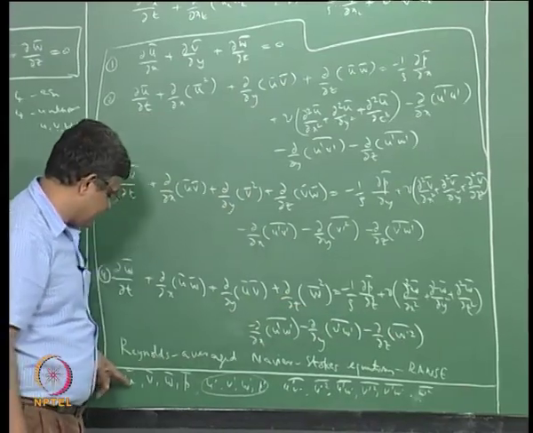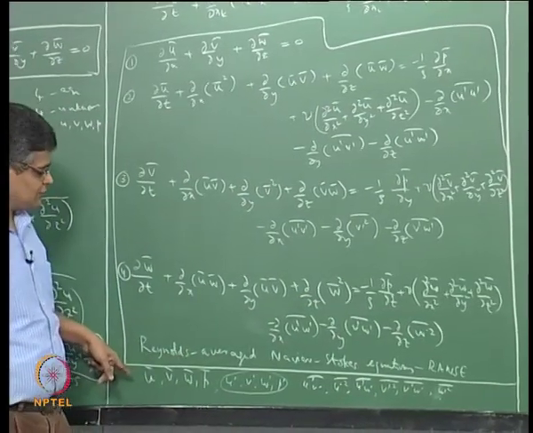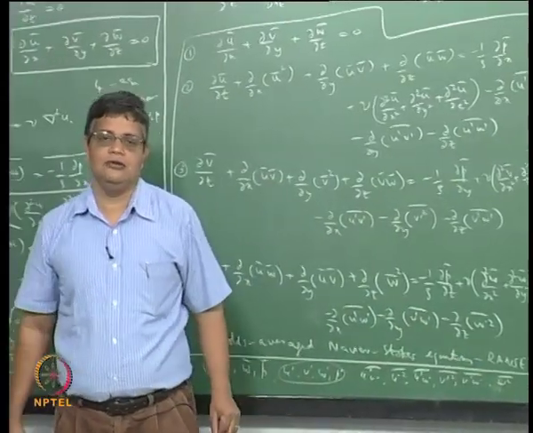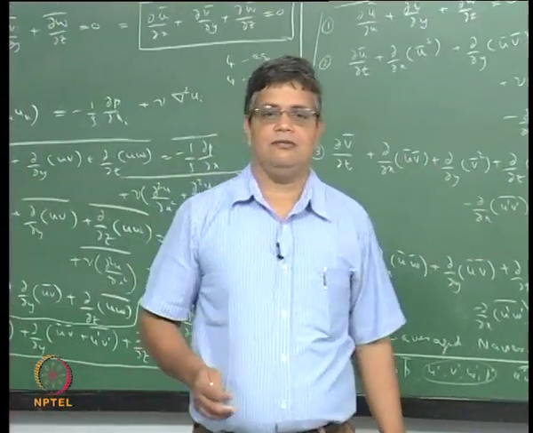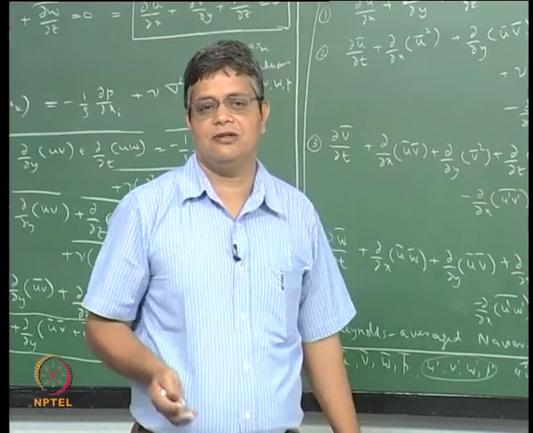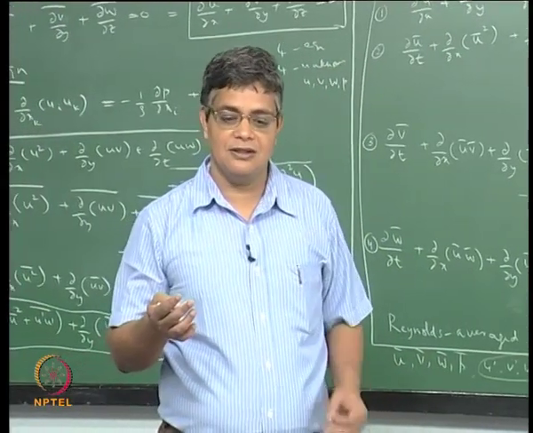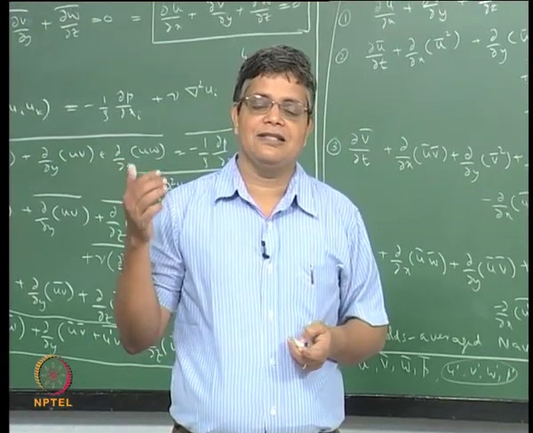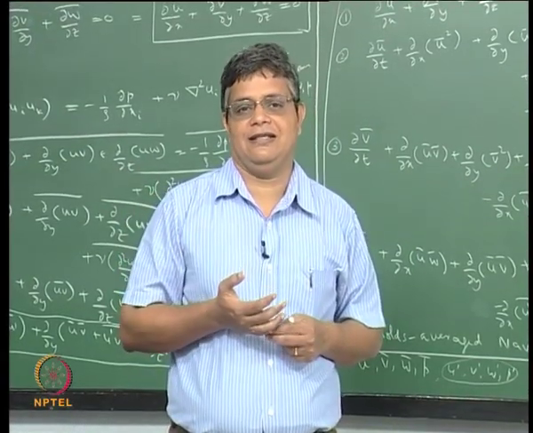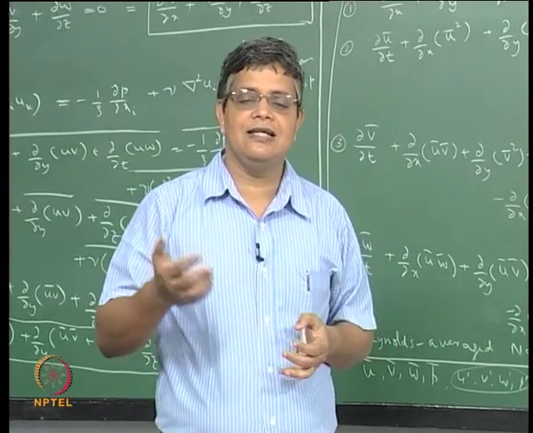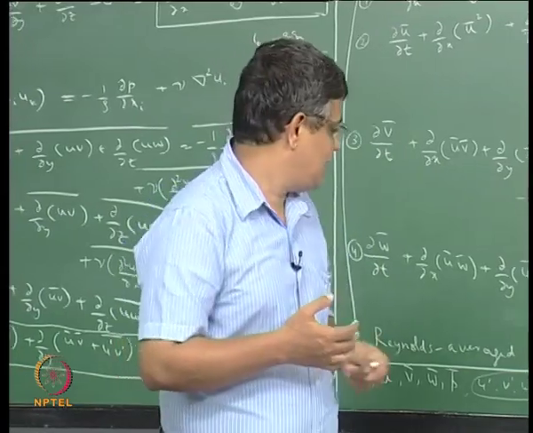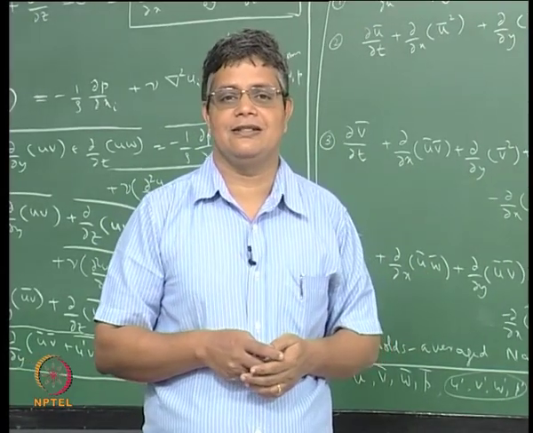So that means that in addition to the 4 variables that are of interest to us, at least 3 of these are non-zero if the flow is truly turbulent and therefore exhibiting fluctuations. So we are faced with the problem that we have the same 4 equations, but now we have at least 3 more variables coming into the picture, and in the general case there are 6 more variables.